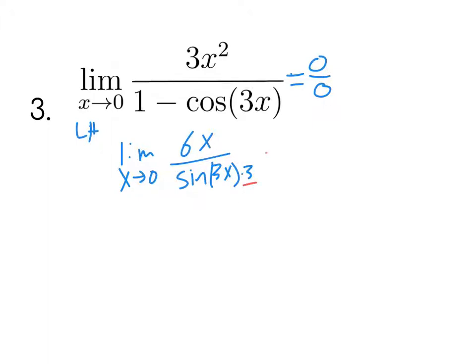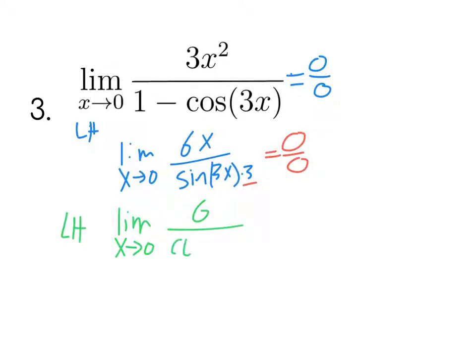And if you plug in 0, you get 0 over 0 again. So we're going to use L'Hopital's rule a second time. And we get the limit as x approaches 0 of 6 over cosine of 3x times 3 is 9. When I plug in 0, we get 6 over 1 times 9, which is 2/3.